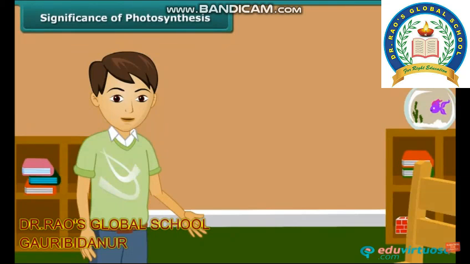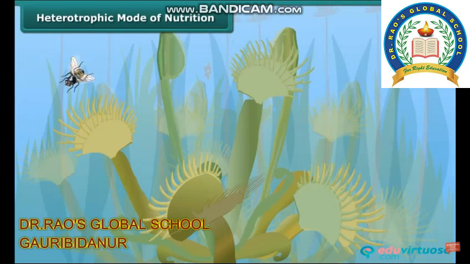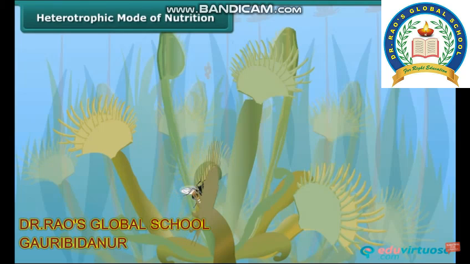Till now we have learnt about the photosynthesis process. But how do other plants survive, and from where do they derive nutrients? As we have already learnt in this module, some plants derive food from other plants and animals, and this type of mode of nutrition is called heterotrophic mode of nutrition.